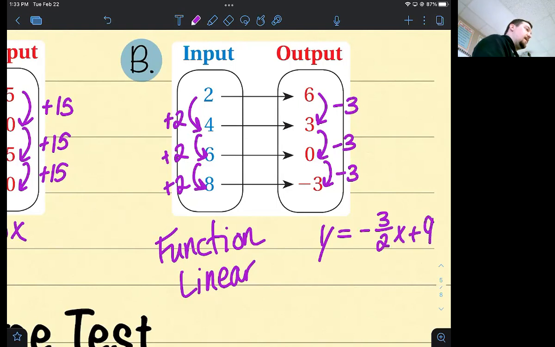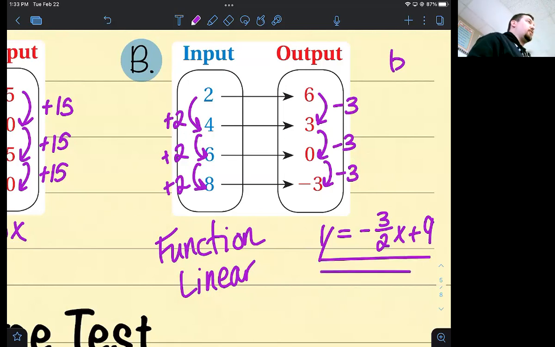The y-intercept is the b value, and the b value is the y coordinate when the x coordinate is 0. Because if I'm on the y-axis, the x coordinate is 0. Do they give me my x coordinate being 0 up here? No, they do not. But if I reverse this and go backwards twice to 0, I'd have to add 3, and that's where Deegan gets 9. Does that make sense? Okay.